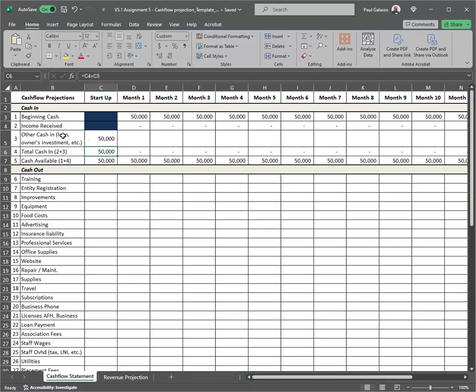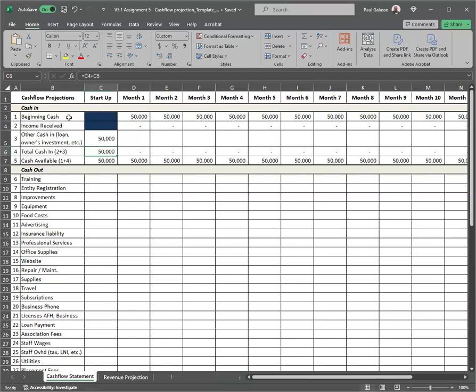So the next line is total cash in. And this total cash in is going to be carried throughout the entire year. So what we're doing is adding the income received, because we are just starting the business, so there's zero income. We're then adding the other cash in, which is our owner's investment. So 0 plus 50,000 is 50,000. And then line 5 says total cash available for the month.